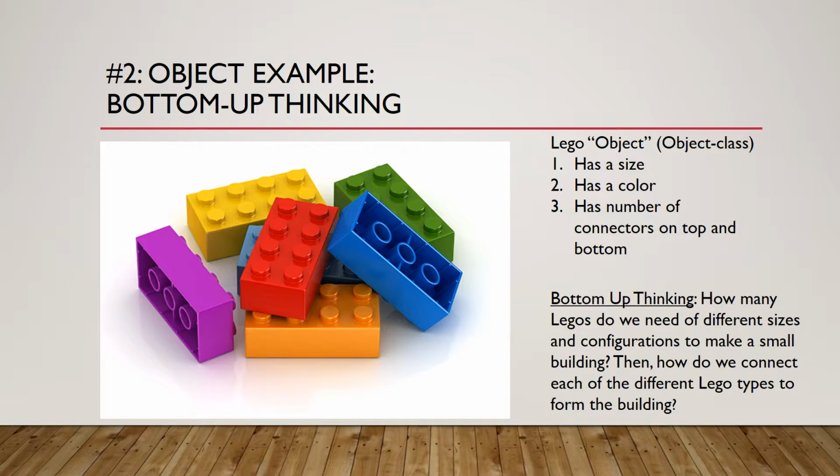Then, how do we connect each of these different Lego types to form the building? The concept with object-oriented programming is to define all the objects that you need and object instances. I'll talk about that difference in just a second. And then how do we put these objects or pieces together?